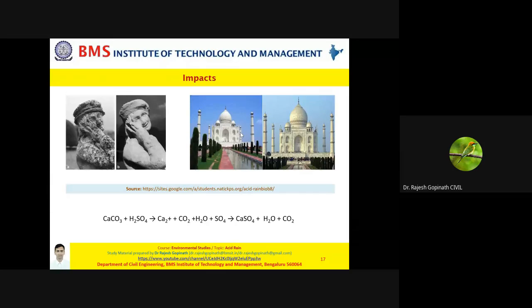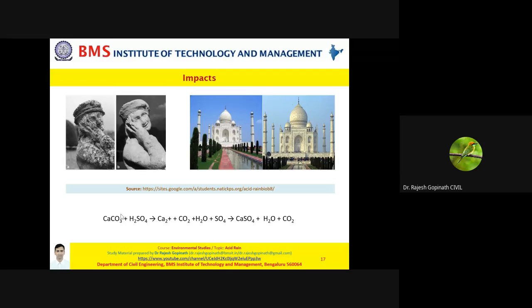Friends, Taj Mahal is made up of white marble, that is calcium carbonate. Now calcium carbonate is a very strong chemical compound, and that is the primary reason why the Taj Mahal has seen several centuries together. It is still intact. That is because the major compound in Taj Mahal is calcium carbonate.